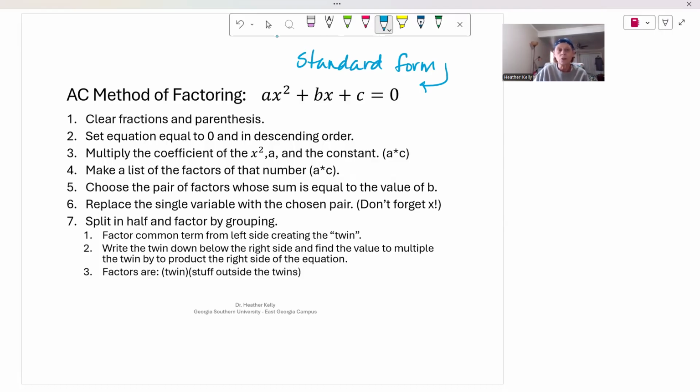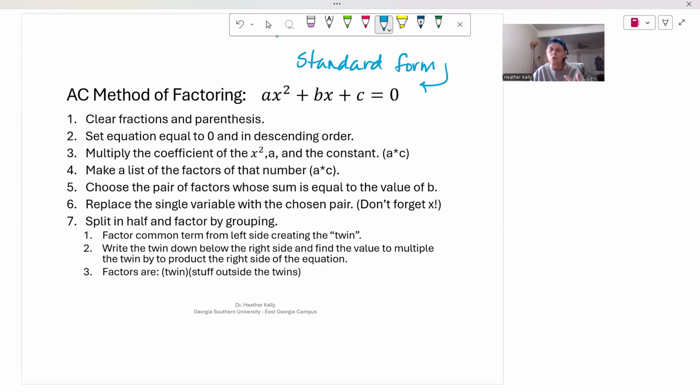First things first, you need to clear off all the fractions and get rid of the parentheses. Okay, you can't really solve anything unless you're dealing with the square root property of the square root method. You can't solve anything that's already squared, or that's in parentheses, unless it's a big parenthesis raised to a power, and we'll talk about that.